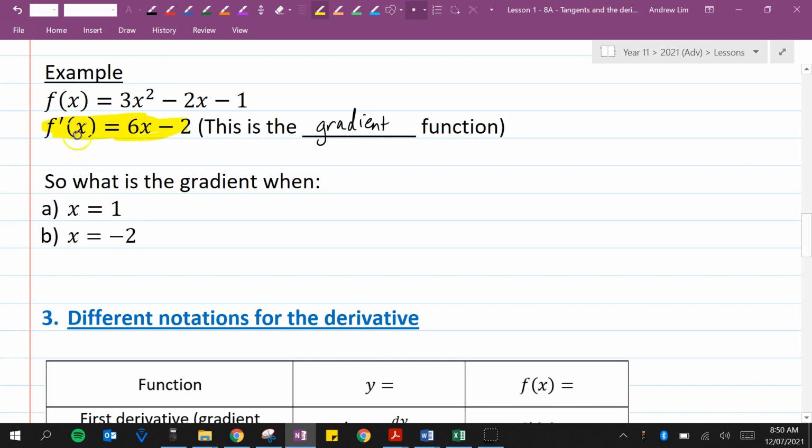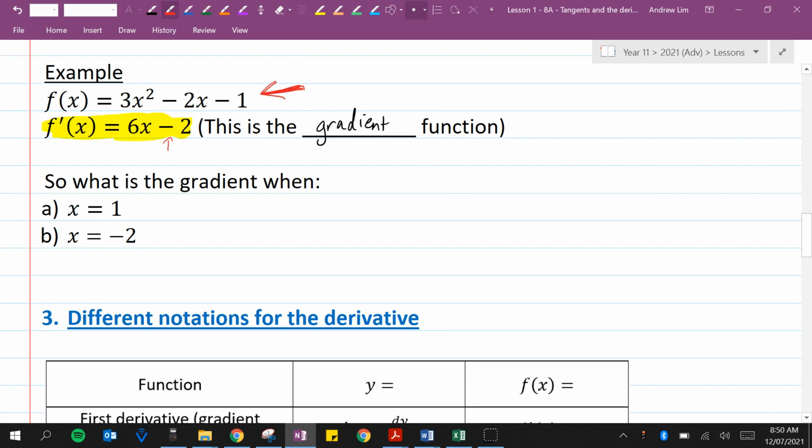What does that mean? It means when we substitute values into this equation, we will know what the gradient is at any point for this curve. So this function tells us the gradient at any point along the original curve.